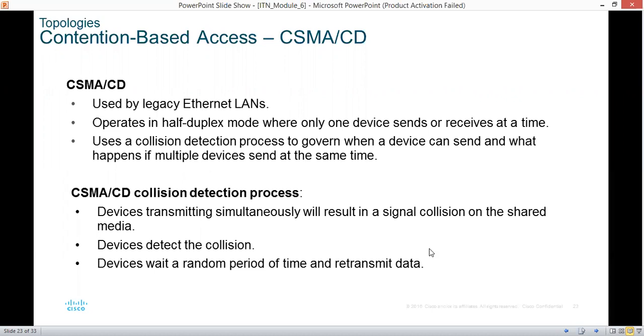Devices detect the collision, wait a random period of time and retransmit. There's bound to be collision, but when there's collision, you have to wait. It's like a timer that tells you, okay, fine, it's free, you can move.